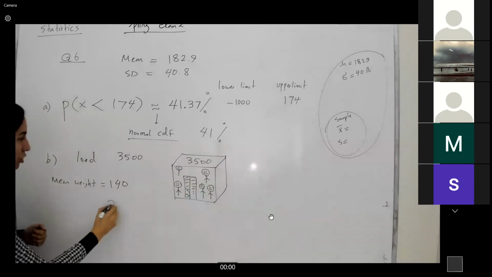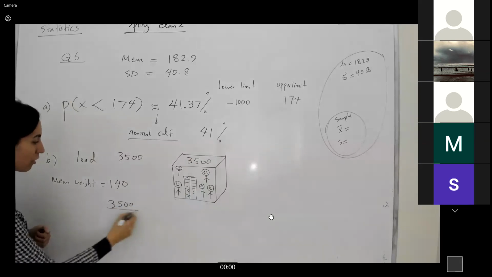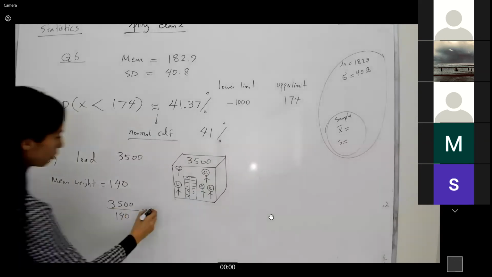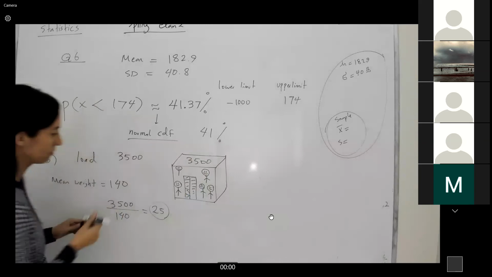You just do division. 3,500 divided by 140, which is 25.